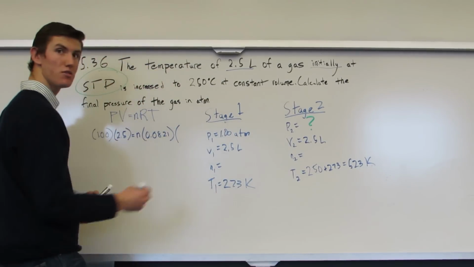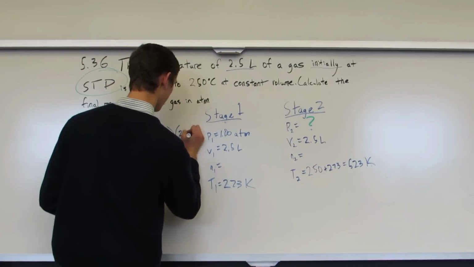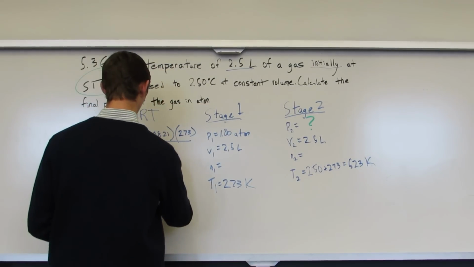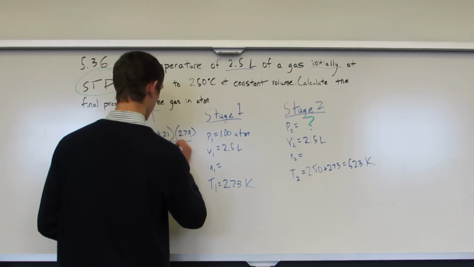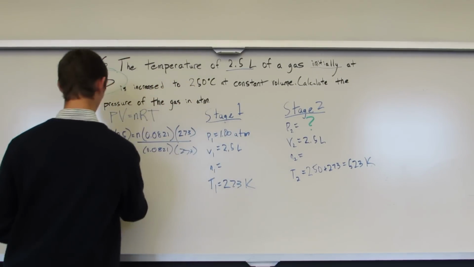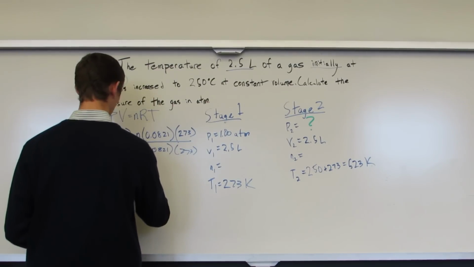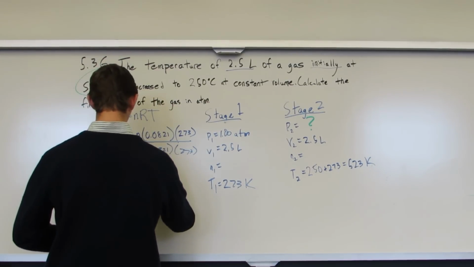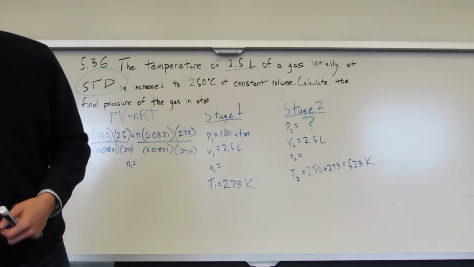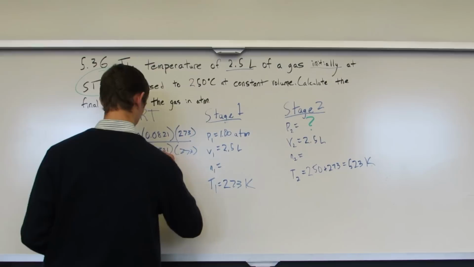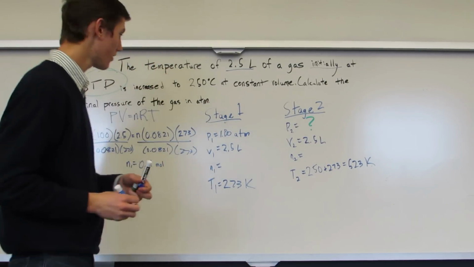And then T is 273 Kelvin. Okay. Now let's divide by 0.0821 times 273. And when we solve for our N1, we get the answer of 0.11 moles. All right? So, good so far.